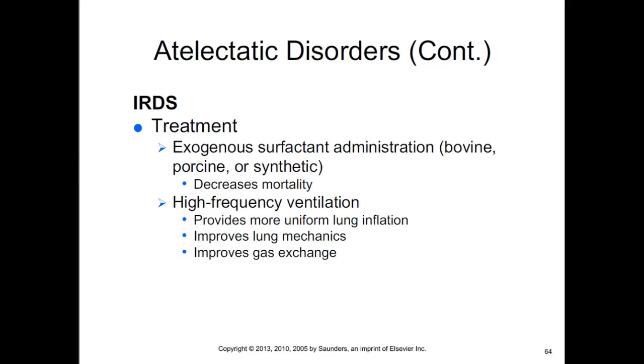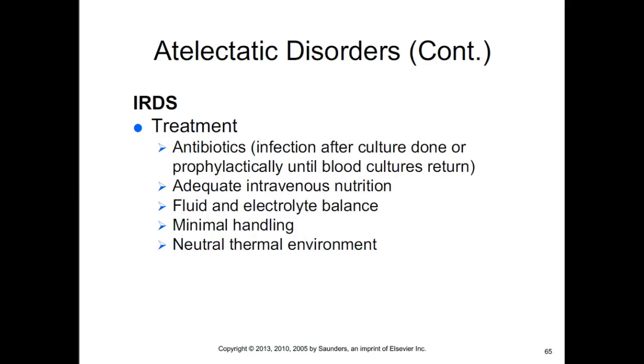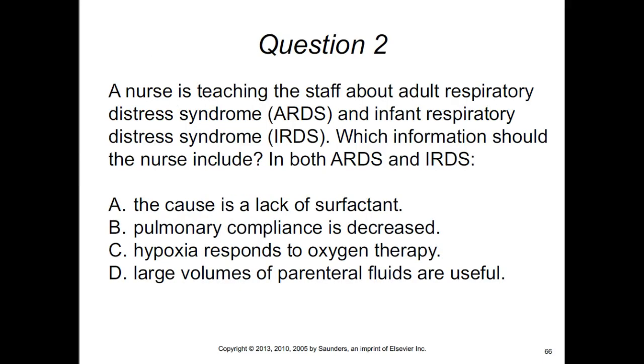So these children will probably be in the neonatal ICU with a whole lot of things being administered so they can breathe properly. So treatments: antibiotics, if there's an infection after the culture, adequate intravenous nutrition, fluid and electrolyte balance, minimal handling, and a neutral thermal environment.